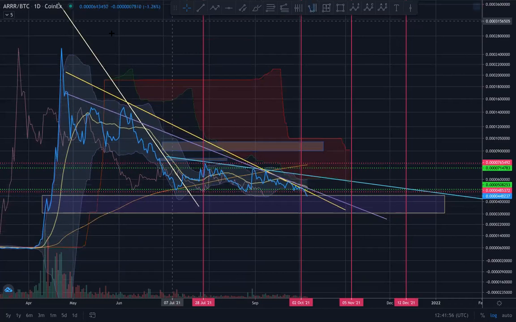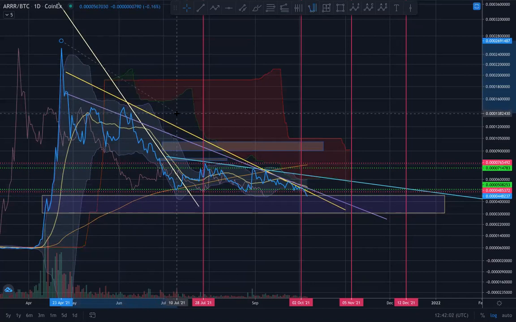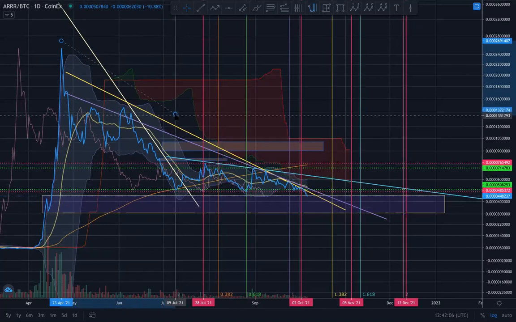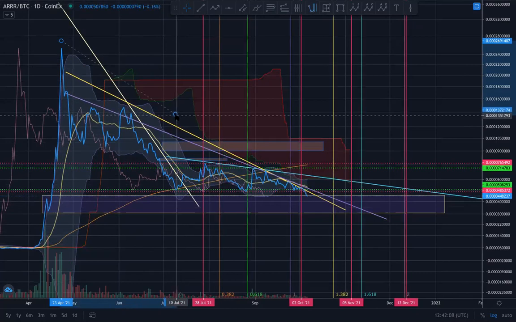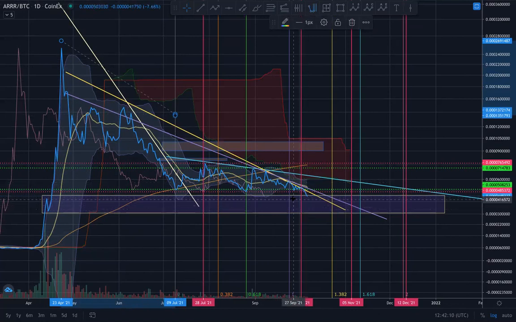Okay, so markdown. Here we go. If we take it from the horizontal, we see that 1 period of the markdown would lead us to here.